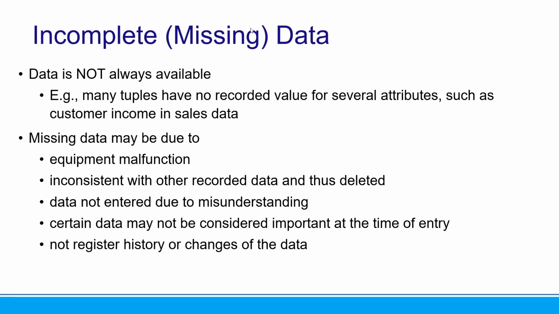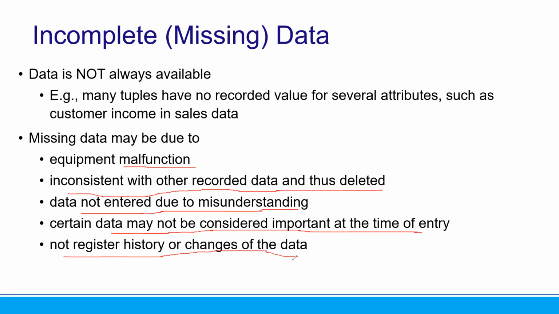Missing data may be due to function errors in the equipment, so we call it malfunction. Or inconsistent with other recorded data and thus deleted. We already saw the inconsistency in the birth date. Or data not entered due to misunderstanding. Or certain data may not be considered important at the time of entry, or history or changes were not registered. So these kinds of things may happen and make the incomplete data.